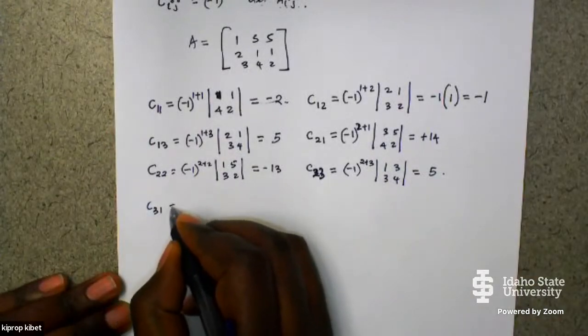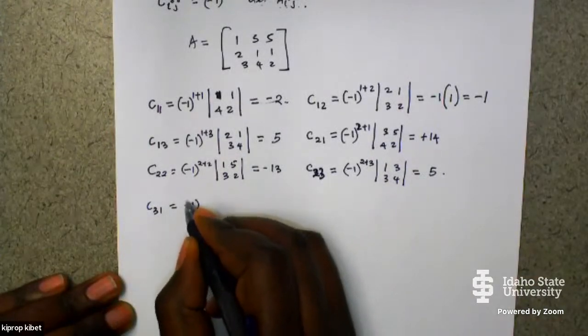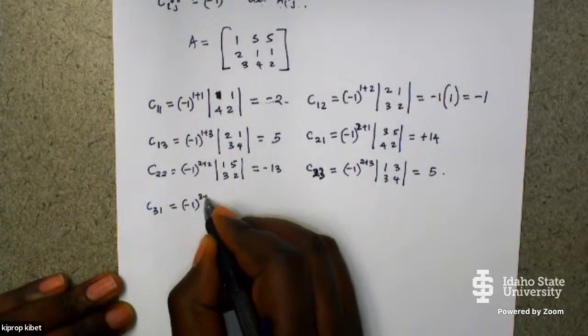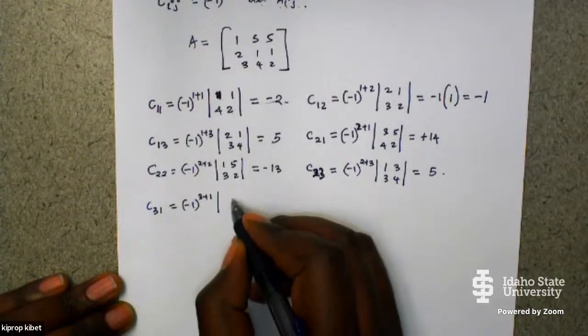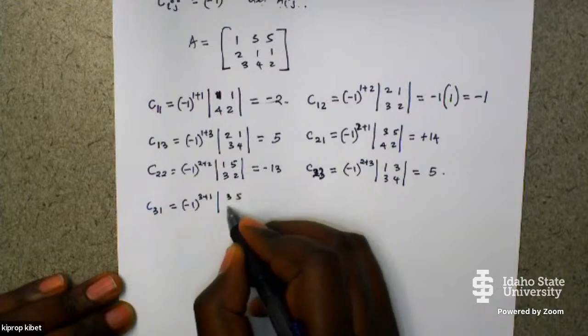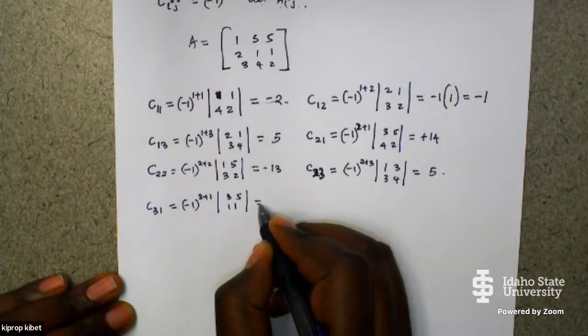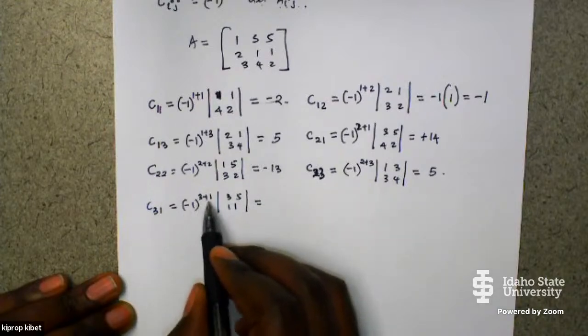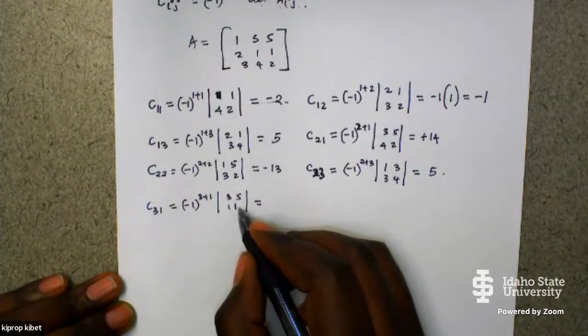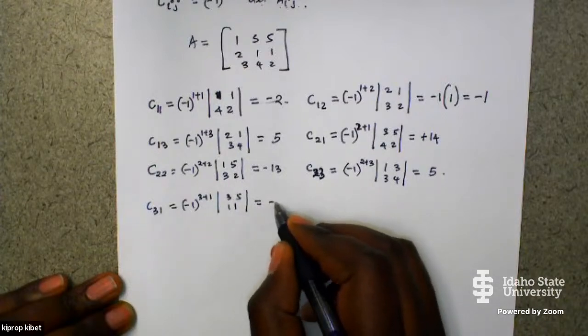C31 equals minus 1 raised to 3 plus 1, determinant of 3, 5, 1, 1, which is positive, 3 minus 5 is minus 2.